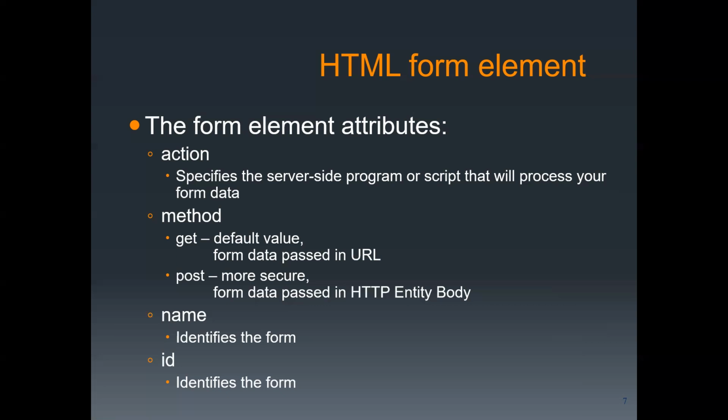Do not worry about this. I just put it here, but the functionality of the method attribute will be clearly demonstrated in our Minter5, because it needs a server-side scripting language.